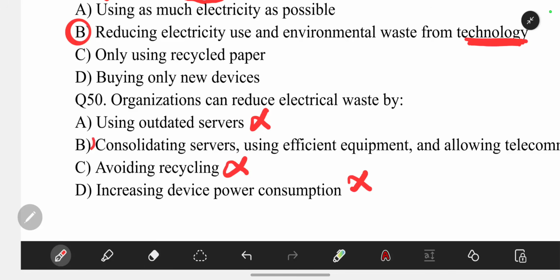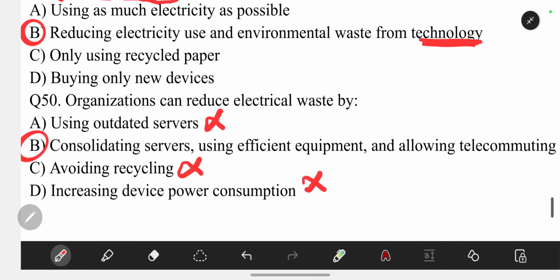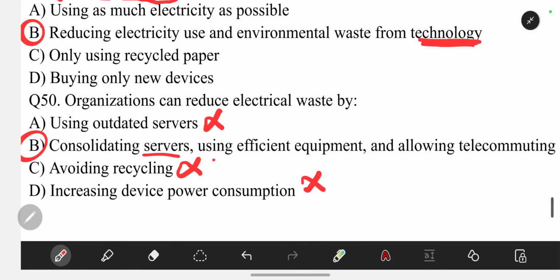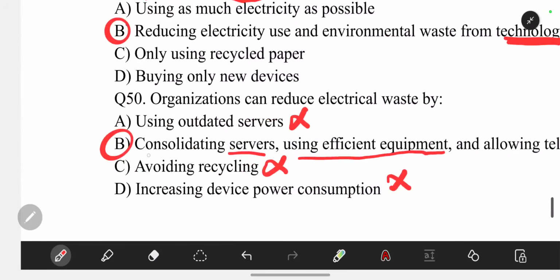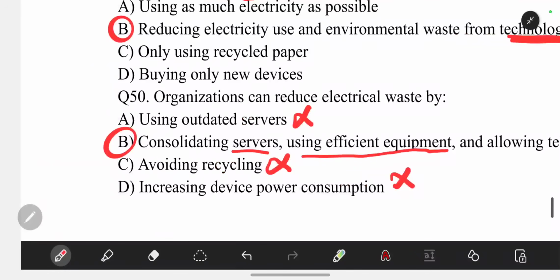So the answer is consolidating. Consolidating simply means to combine things into a stronger, more effective, or more solid thing. So consolidating servers, using efficient equipment, and allowing recycling. So that is the answer for that one.